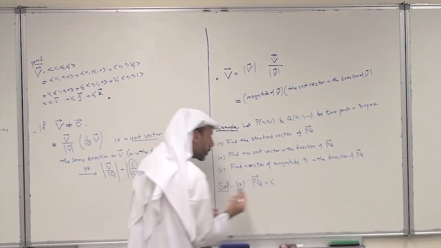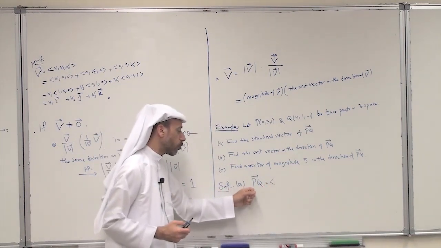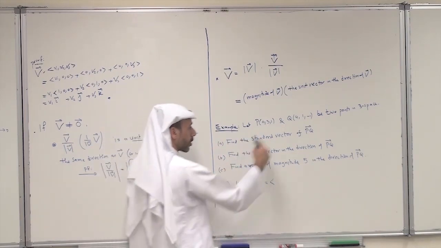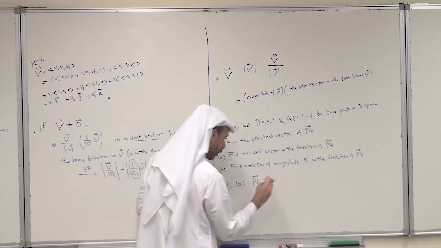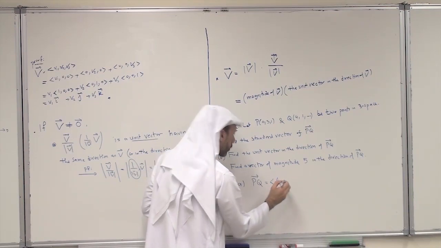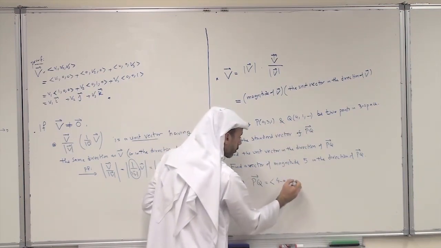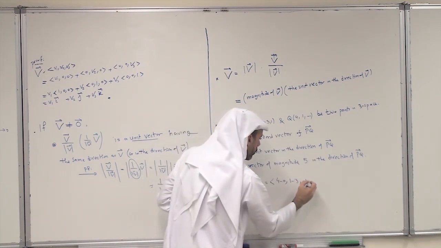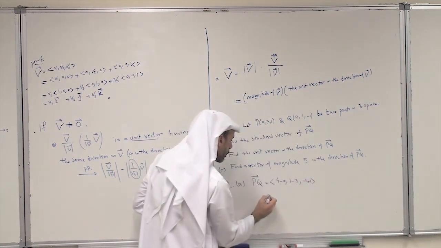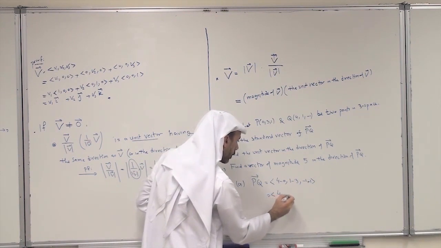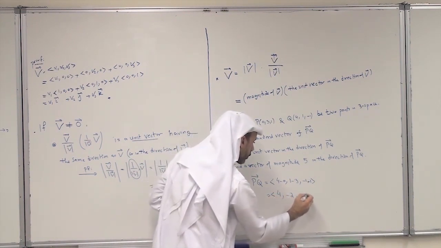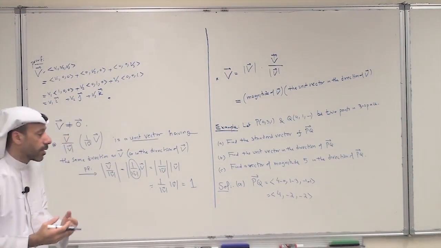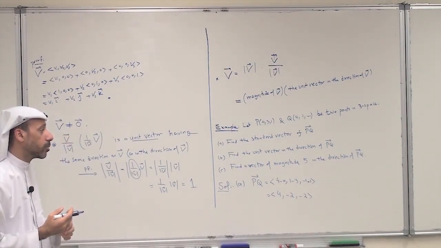By definition, we just subtract the coordinates of P from the coordinates of Q. So Q minus P: 4 minus 0, 1 minus 3, and minus 1 minus 1. You do this subtraction, and you get 4, minus 2, and minus 2. So this is the standard vector corresponding to the vector PQ.